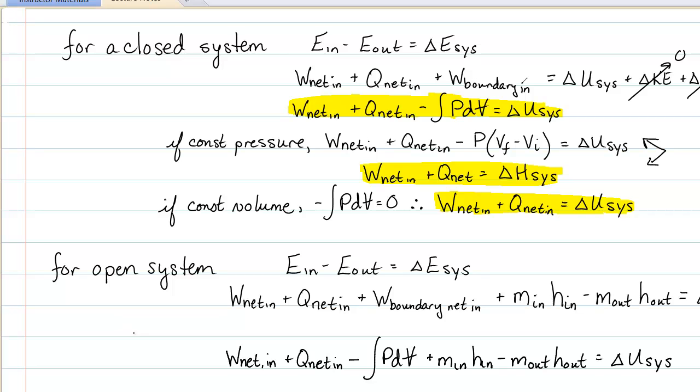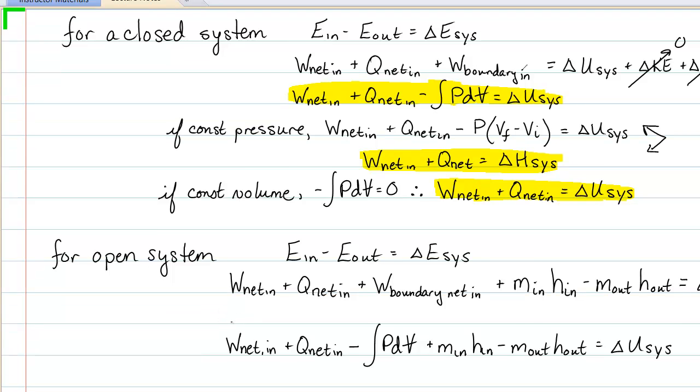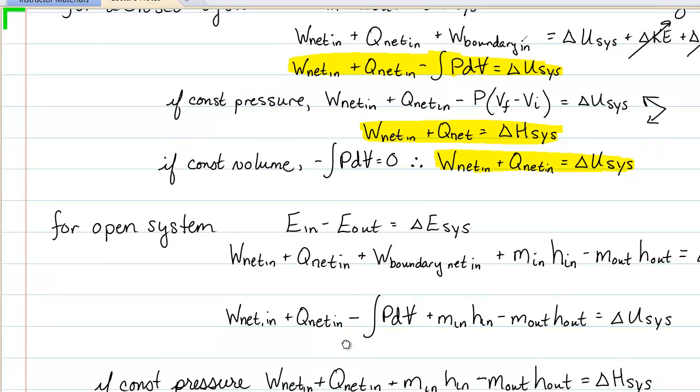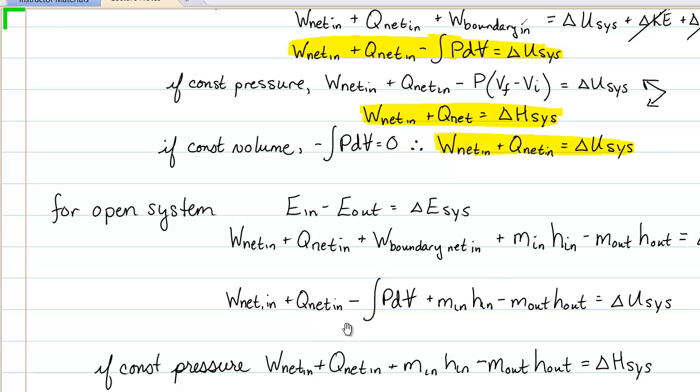If it's constant pressure, then this PdV work might bring us an enthalpy term over here. That's somewhat rare in open systems, although the example we did earlier showed that option. So I'll leave it here for reference. You can refer to the constant pressure closed system to figure that enthalpy part out if you're unsure about that.